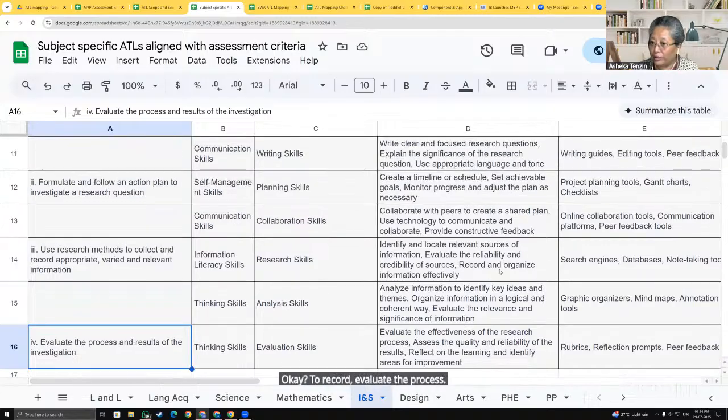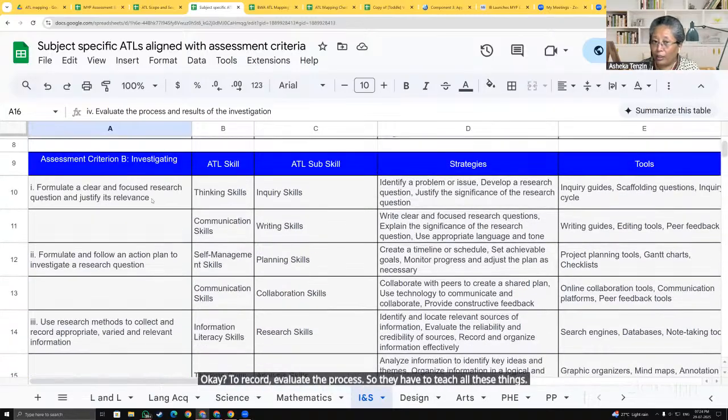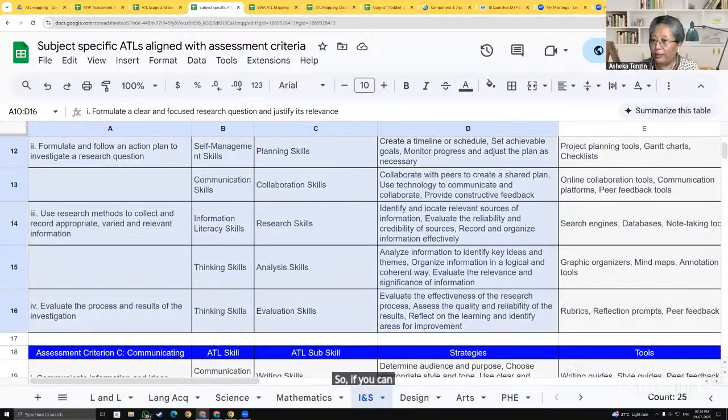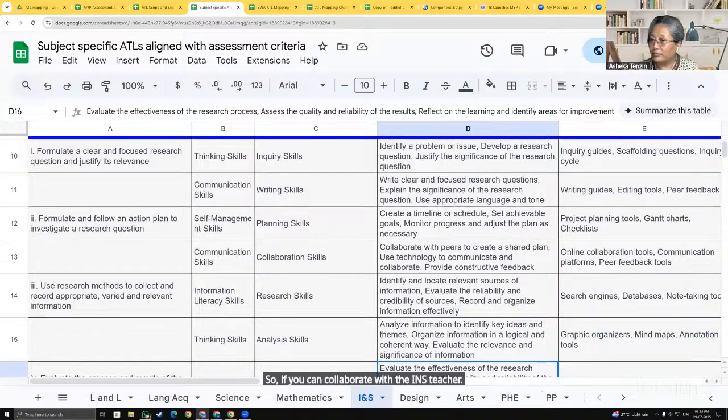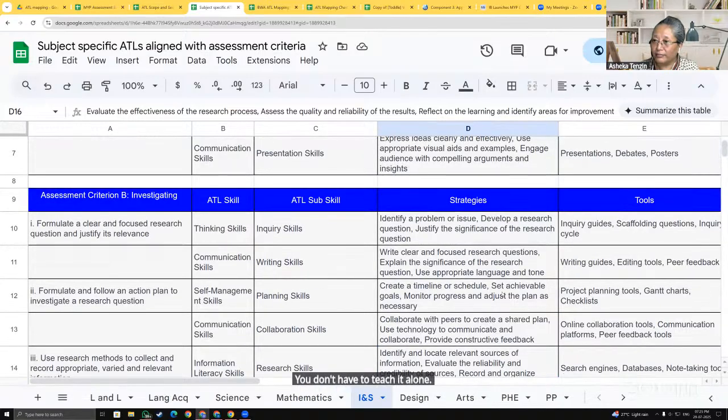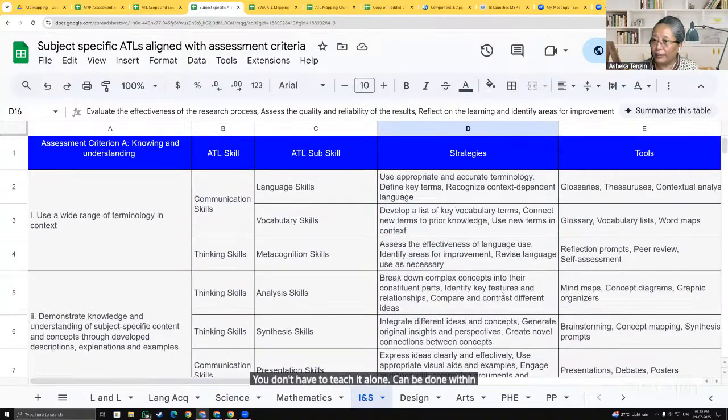So they have to teach all these things. So if you can collaborate with the INS teacher, you don't have to teach it alone. It can be done in collaboration, like an IDU. Think about how you're going to do it.